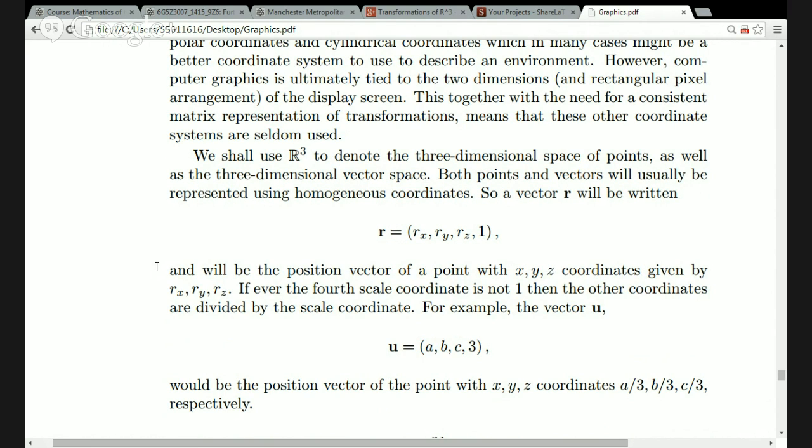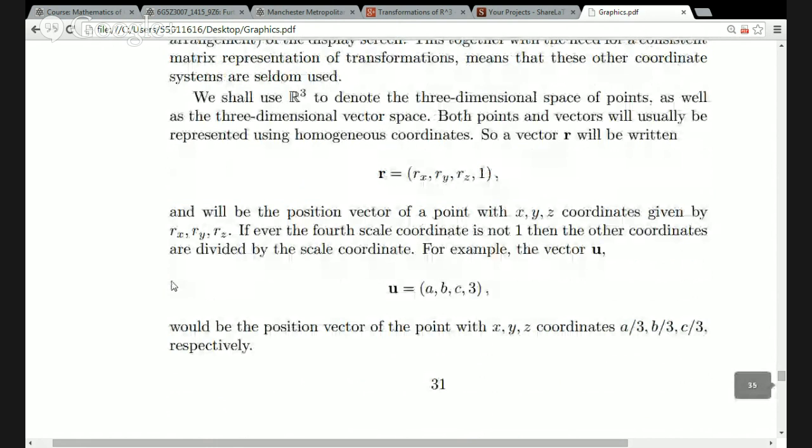Now, we normally keep the fourth coordinate as 1. If it ever arises that we're looking at a vector where the fourth component isn't 1, which will seldom happen, then to recover the actual coordinates of the point that this is the position vector of, we divide all the other components. We renormalize by dividing across by the fourth component so that it is 1.